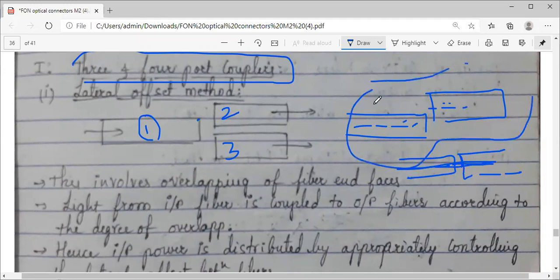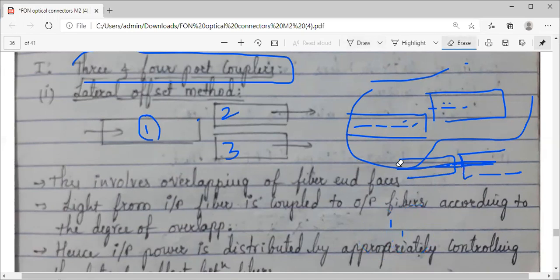The overlapping of the core region will be like this, and the amount of loss depends on this common area. The more area available, the better it will transmit, and the less area you get, the more the loss will be. That we have already studied in case of misalignments.